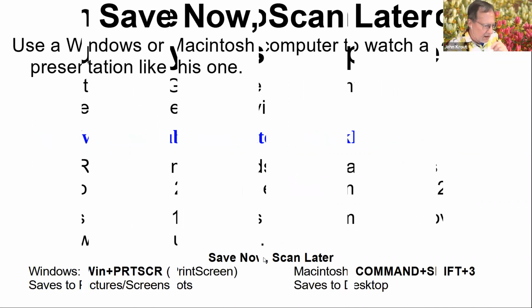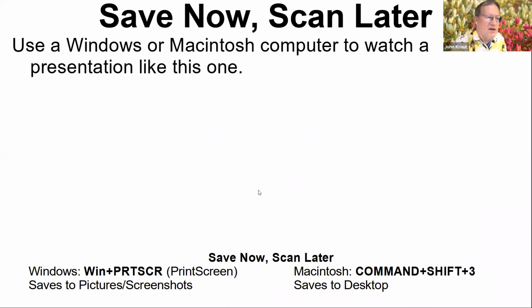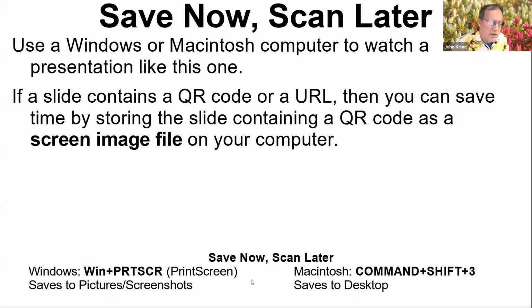Now, I'm going to teach you something else about presentations. Anytime that you see any slide that you would like immediate access to in my presentation or any others, you can save them immediately using simple keystrokes on a Macintosh or a Windows computer. You'll see your screen blink for maybe half a second, and then a screen image file will be saved on your computer of whatever is on the screen.